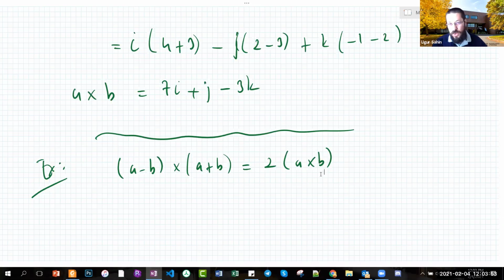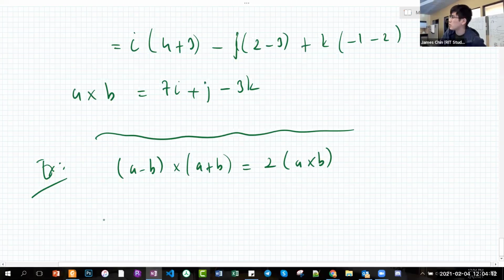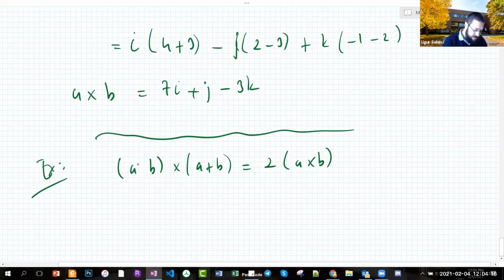Distribution feature first. Let me help you a little bit. You can distribute over addition. Is that supposed to say A minus B? This is A minus B, yes.